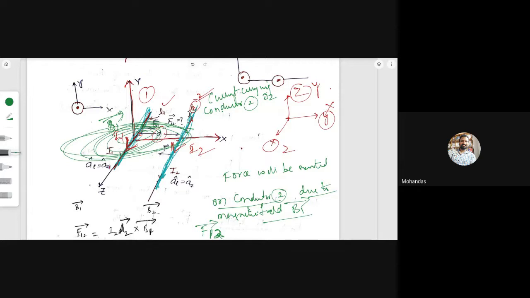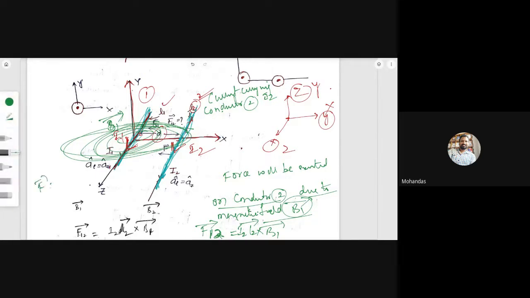F12 is the force on conductor 2 due to conductor 1. What is that formula? So for magnetic field B1 you have to write B1 cross current I2 into L2. What is our force equation?